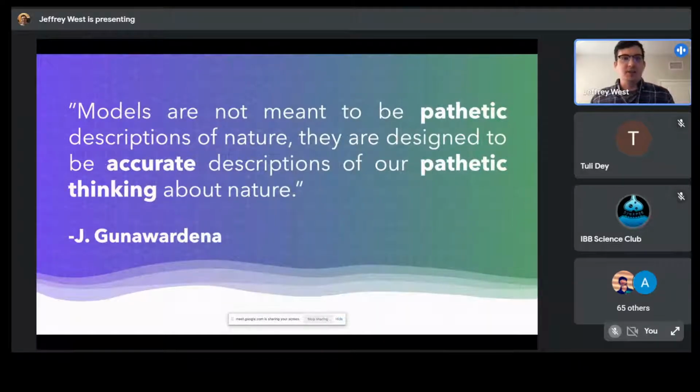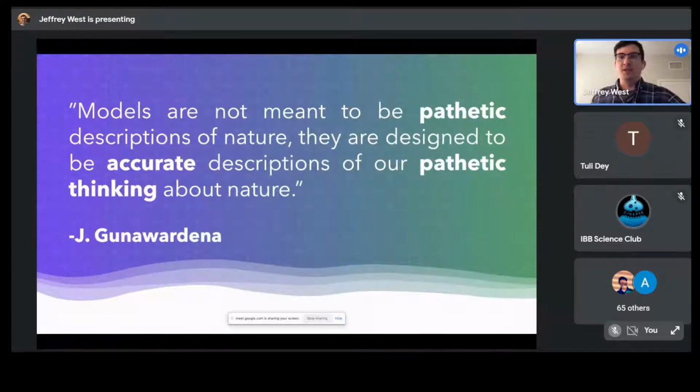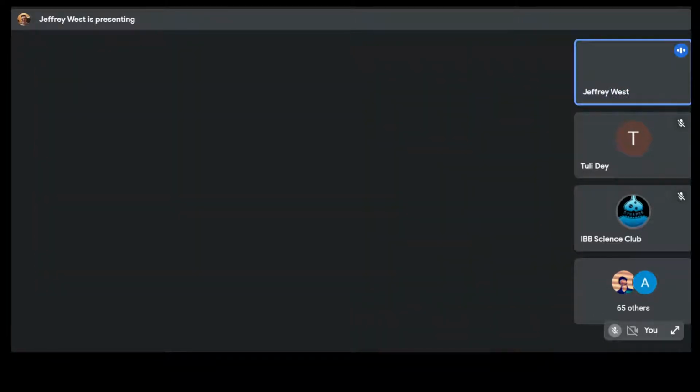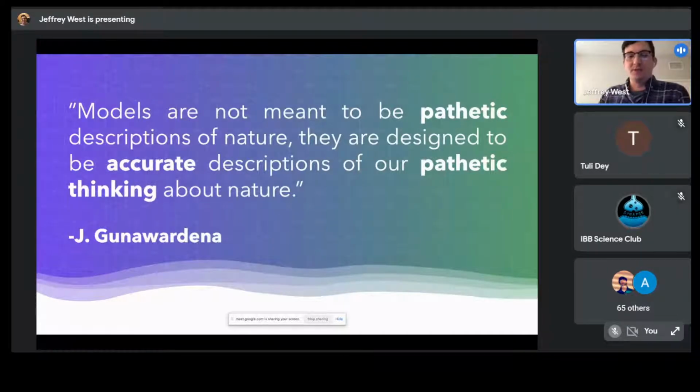It says that models are not meant to be pathetic descriptions of nature. In other words, a model is not supposed to showcase a very little, pathetic piece of what we're observing in nature, but is designed to be an accurate description of our little, pathetic thinking about nature.